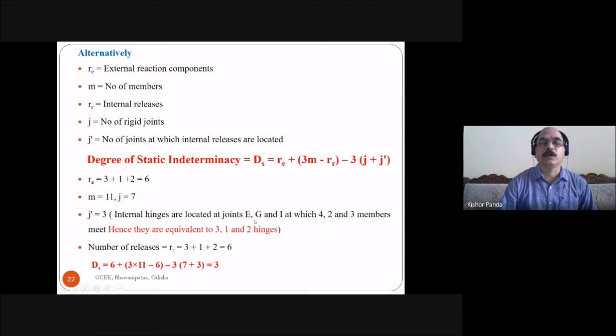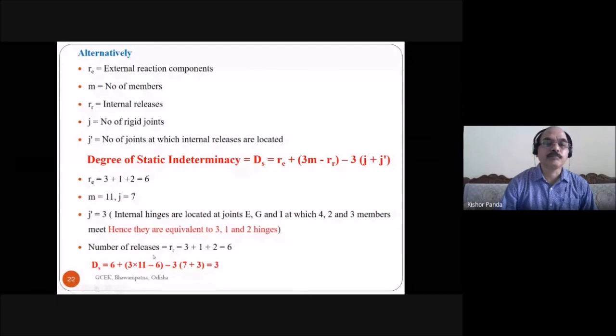Internal hinges are located at E, G, I, at which 4, 2 and 3 members meet, and they are equivalent to 3, 1, 2 hinges. Then the number of releases you have to take is equal to 3.